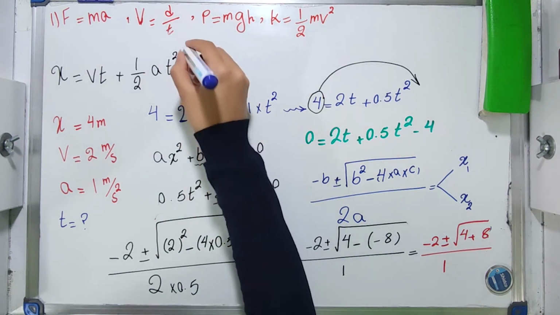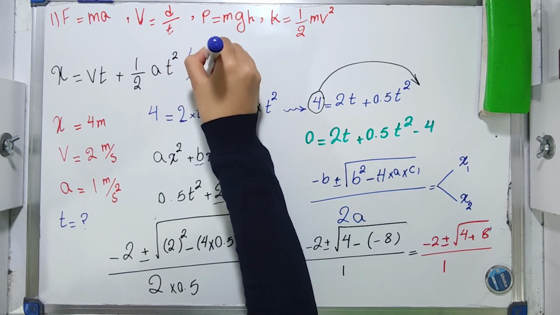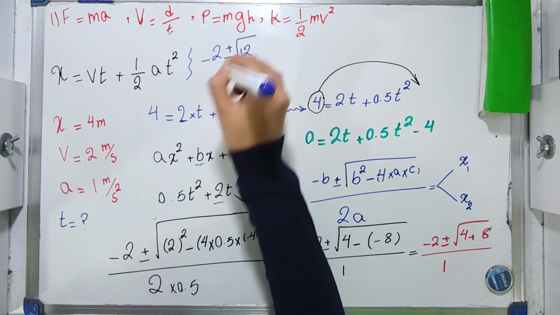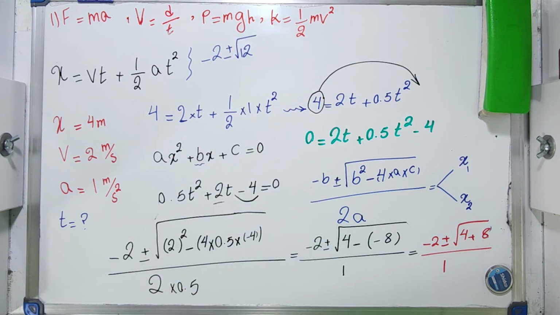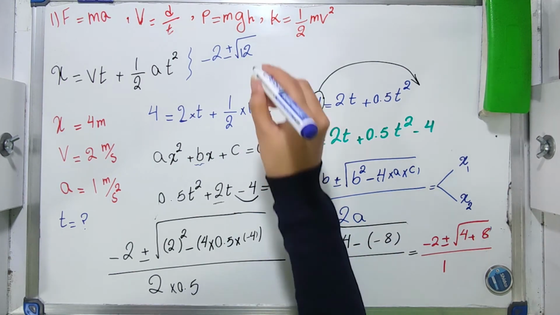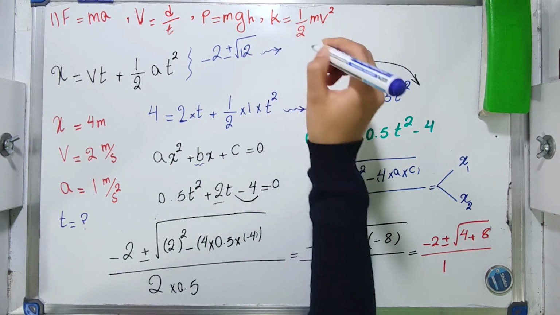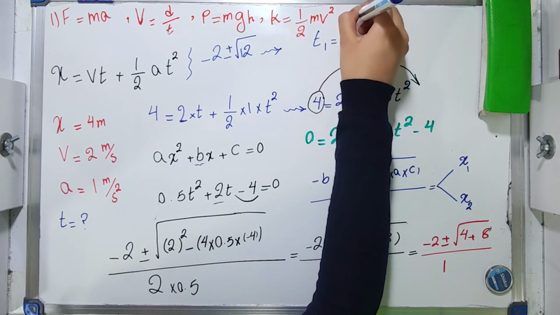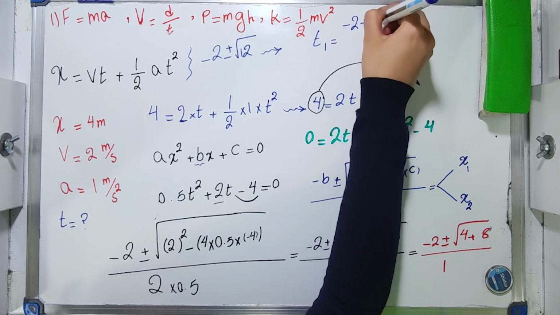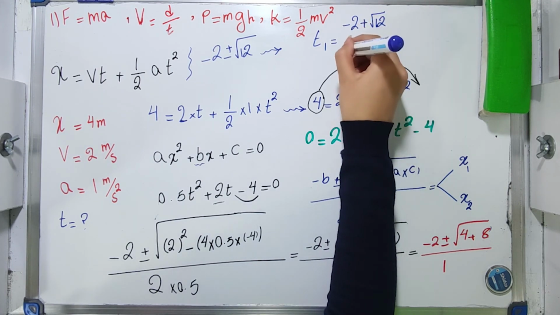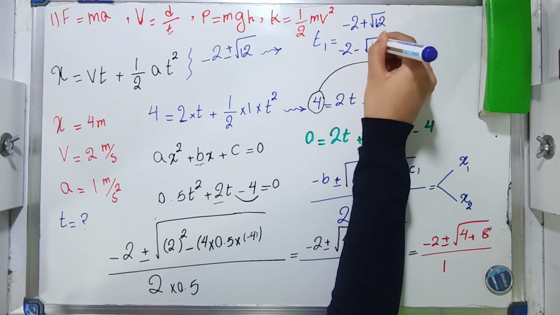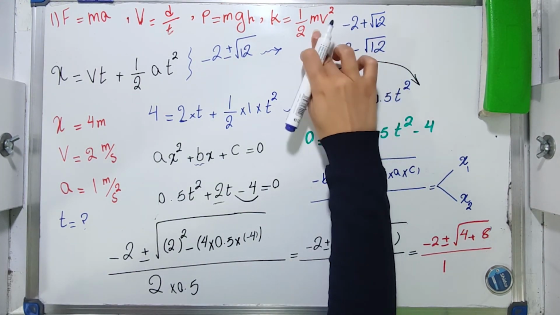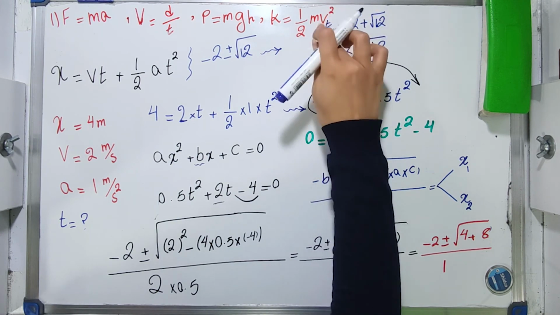The answer will be minus 2 plus or minus radical 12. Okay? You have two answers for t, and they will be like that. t1 is equal to minus 2 plus radical 12, and minus 2 minus radical 12 is for t2.